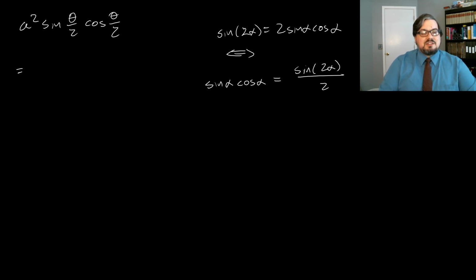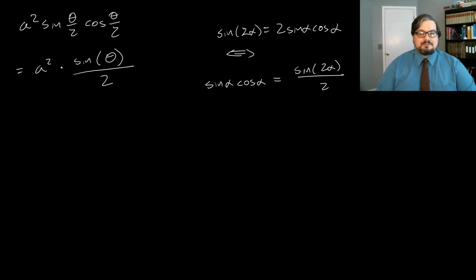Which means that A squared times sine theta over 2 cosine theta over 2 is equal to A squared times sine of theta over 2, because theta is 2 times theta over 2. So this is just using this right here, and so we immediately get to 1/2 a squared sine theta.